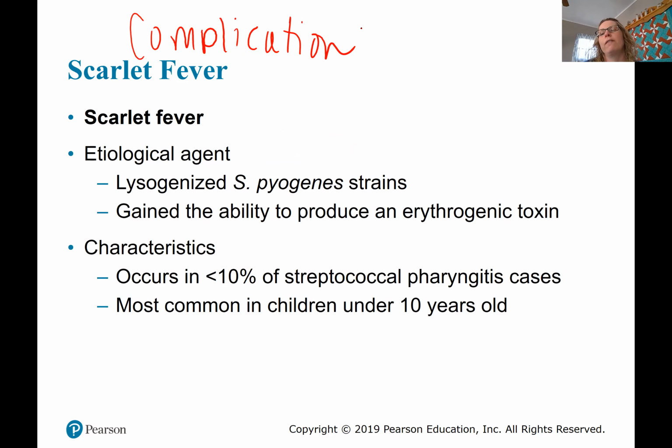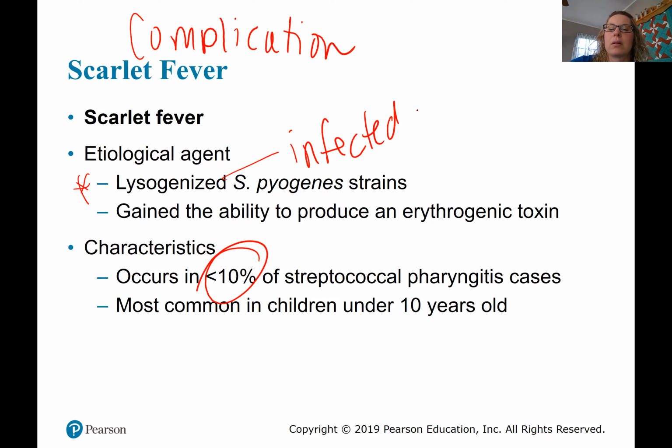If you have strep throat that goes undiagnosed, about 10% of untreated strep throat can turn into scarlet fever. Now, the cause of scarlet fever is Strep pyogenes that has been lysogenized, or basically infected with a virus.